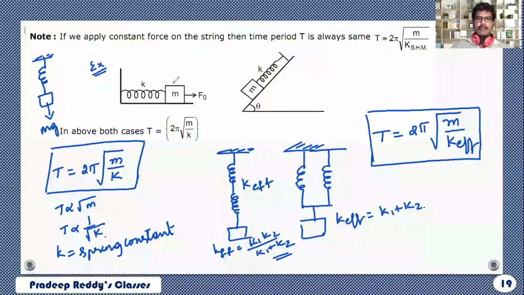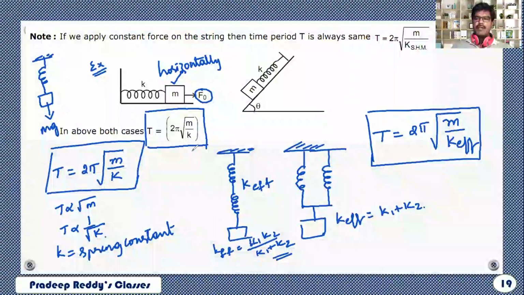But if the mass is attached horizontally, in such a case, an external force should act upon this mass, and the restoring force will be, however, due to the spring constant. The restoring force pulls this block backward. As a result, the time period can be given by the equation T is equal to 2 pi under root m by k. It is the same equation which we have derived previously, and that equation itself we can take here.